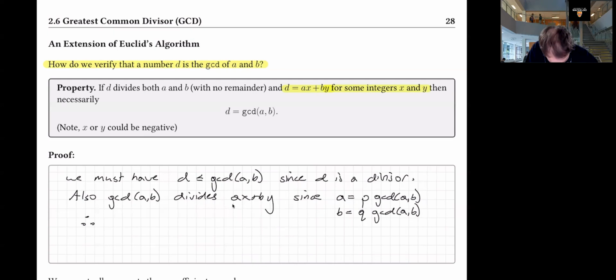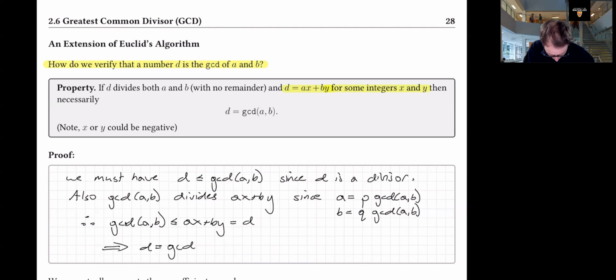So the GCD of A and B is less than or equal to AX plus BY, which is equal to D. And so now you see we have D is less than or equal to the greatest common divisor, and D is greater than or equal to the greatest common divisor. And so that implies that D is equal to the GCD of A and B.